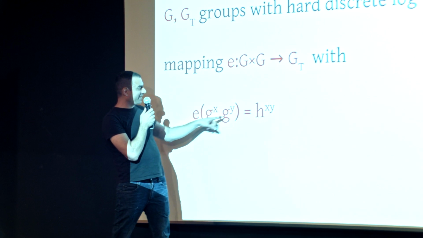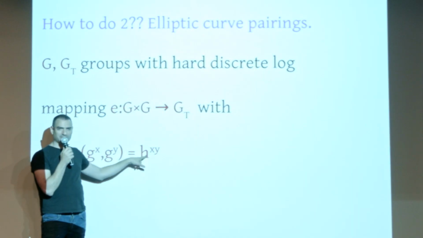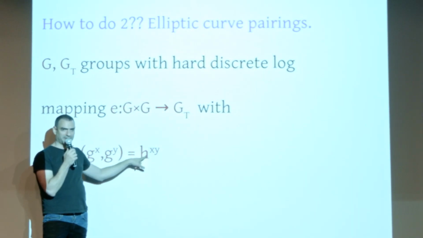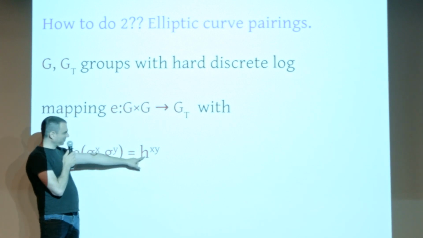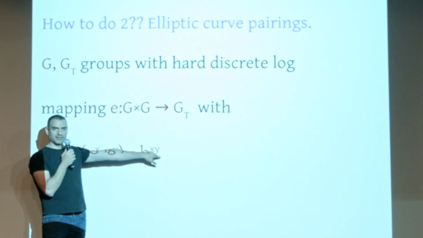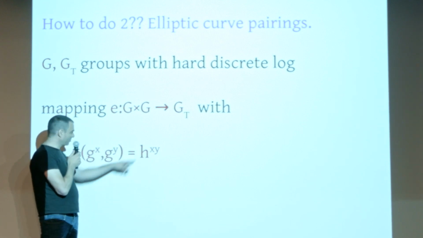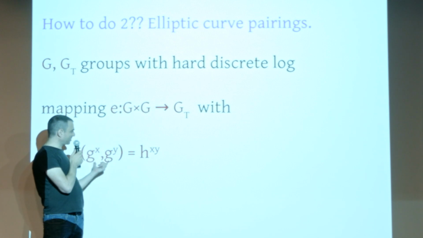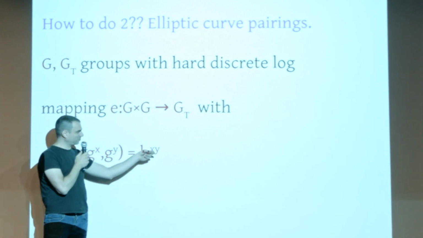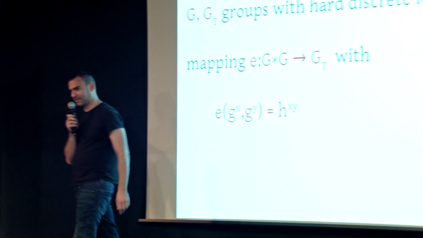But in this other group, the target group of the pairing, I can efficiently compute the exponent x times y. So for some generator h of this group, from these two, I can actually compute h to the x times y.